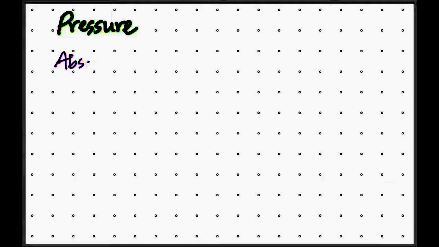Next up, pressure. What is the definition of pressure? Force by area. Yeah, but you have to be careful. Pressure is technically defined as normal force by area. The force has to be perpendicular to the surface, and there is a word for that.